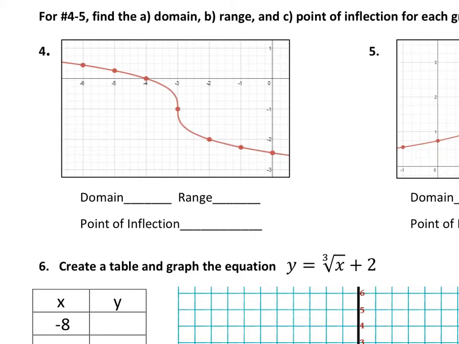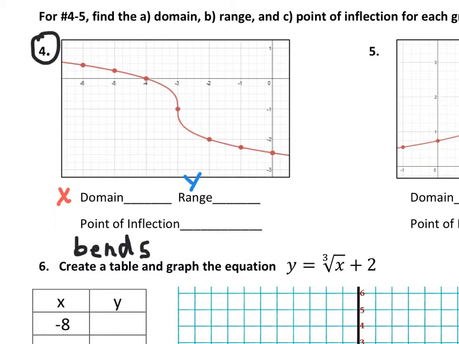To start off with that, let's do example 4. They've given us a graph, a few different dots on that graph, and they want us to identify the domain, the range, and the point of inflection. Just like yesterday with the square root graphs, the domain is going to focus on all x values, the range is going to focus on all y values, and the point of inflection is where the cube root graph bends.